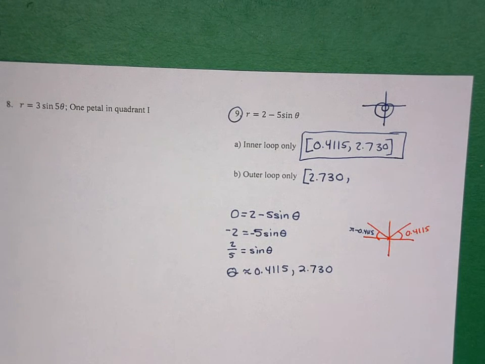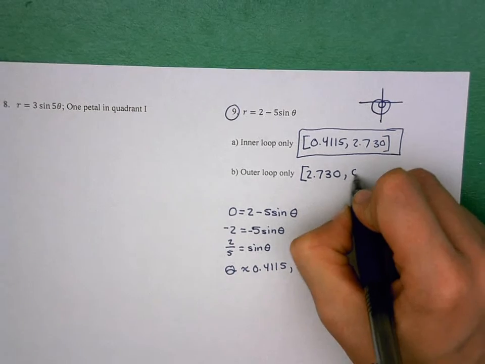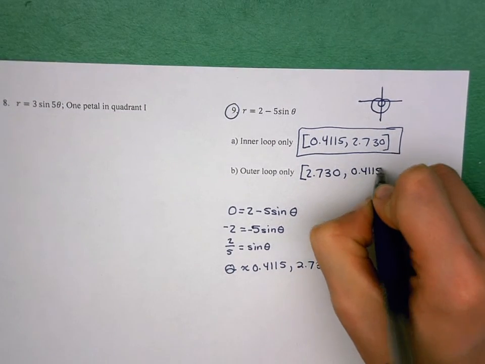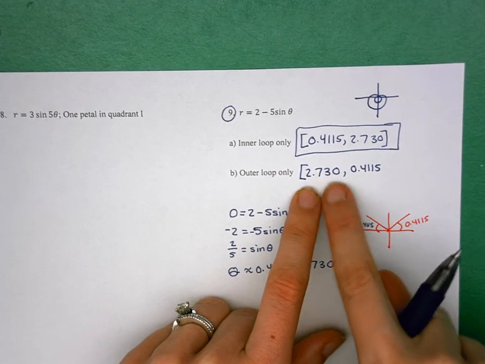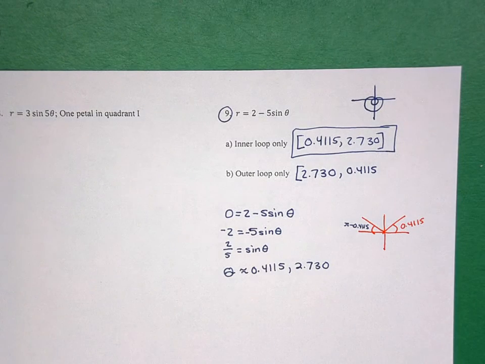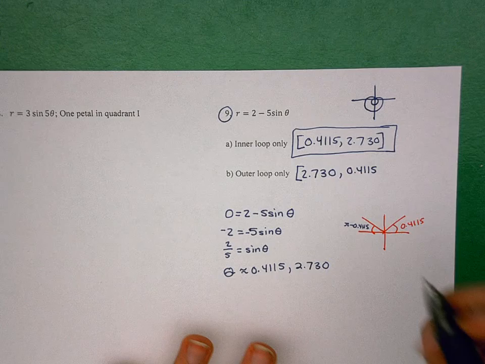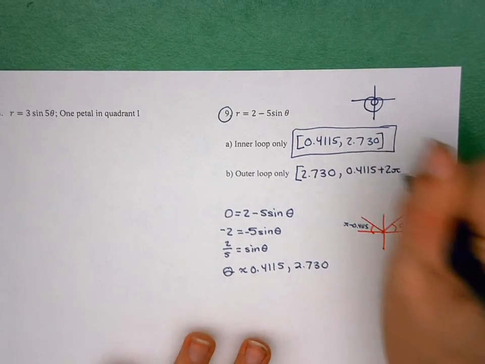But because the rotation's continuing, I can't actually call this 0.4115. This needs to be larger than that. So I want to give this a coterminal angle name. We're going to add 2 pi to that angle.